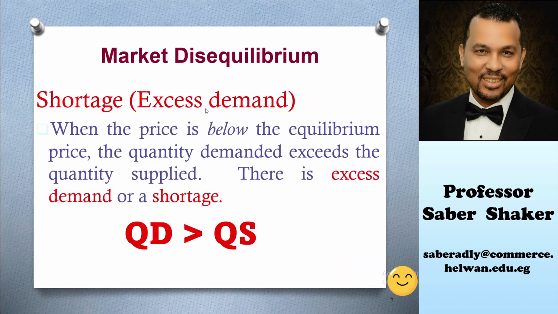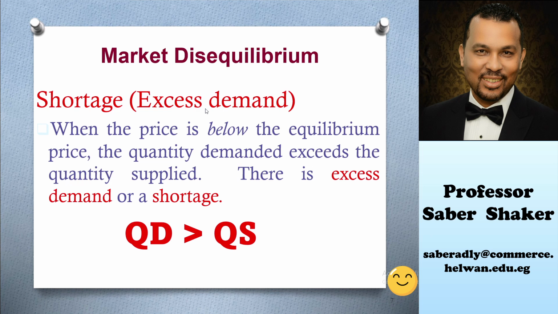The next case, or the second case of market disequilibrium, is when we talk about shortage or excess demand. On the other hand, when we talk about any price lower than the equilibrium price, or below the equilibrium price, in this case quantity demanded exceeds the quantity supplied, so there is excess demand or shortage.